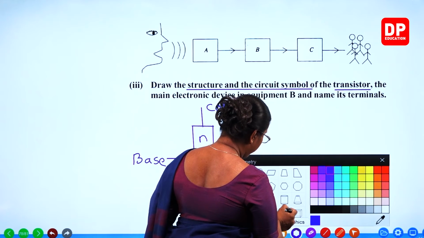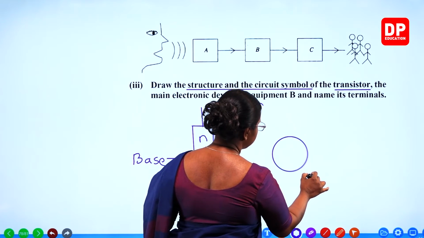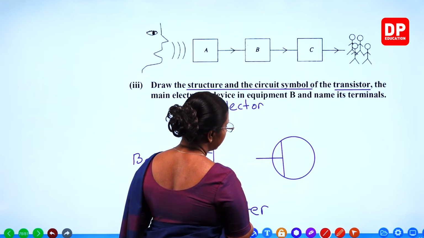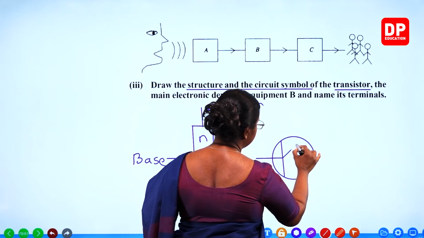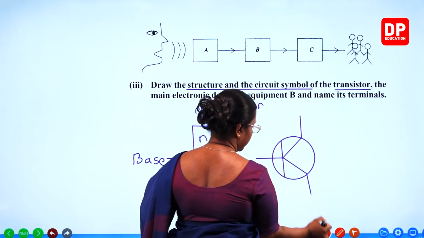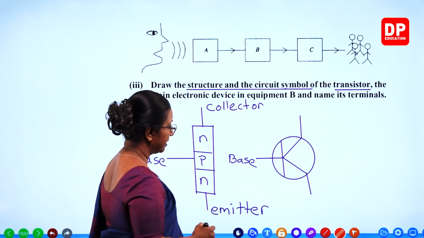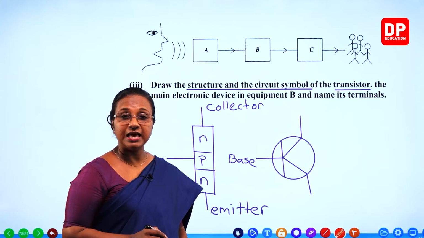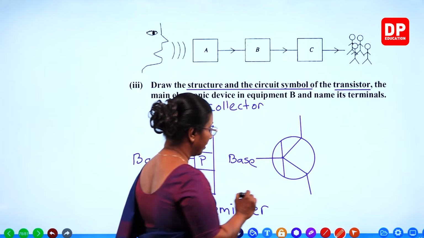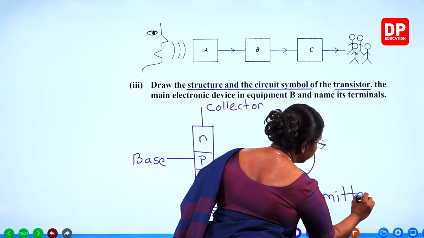So if you are to draw the circuit symbol, you all know students, we draw a circle like that, then a line, and this line indicates the base. Then you have these 2 terminals. So here the middle one is the base. Then how do you identify the emitter? Emitter is identified by the direction of the arrowhead. So if I take this as the emitter, you can do it either way.